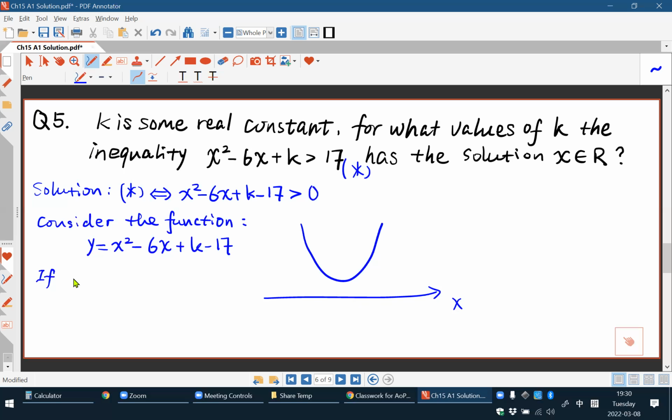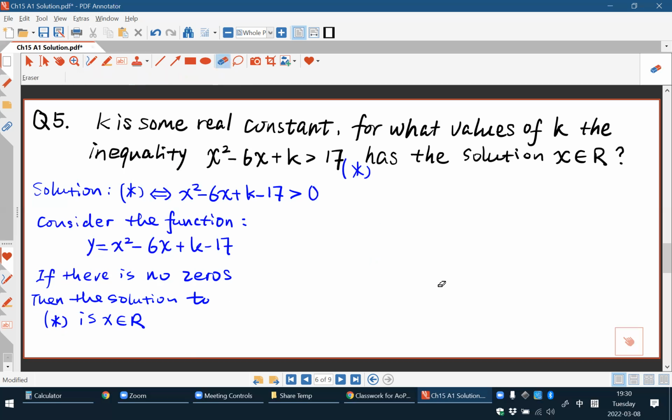Okay, let's say if there are no zeros, then the solution to the original expression is x belongs to the whole real number set, right?